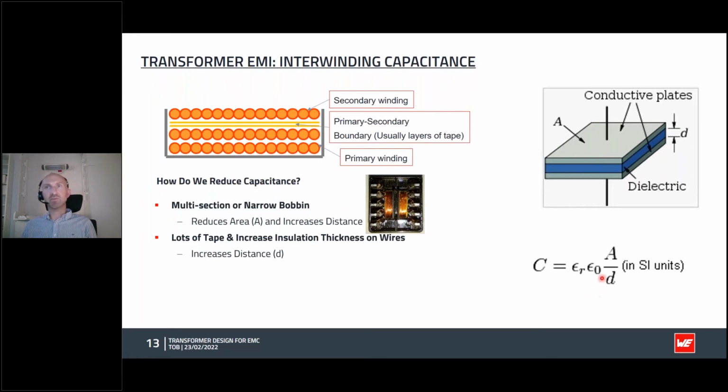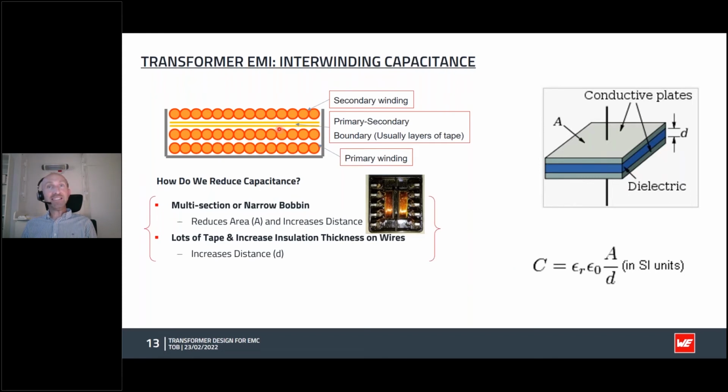We can see that when we double the thickness of the tape, we reduce the capacitance by half. So it might seem like a very small change, but it really can have a big impact by increasing the number of layers of tape here.